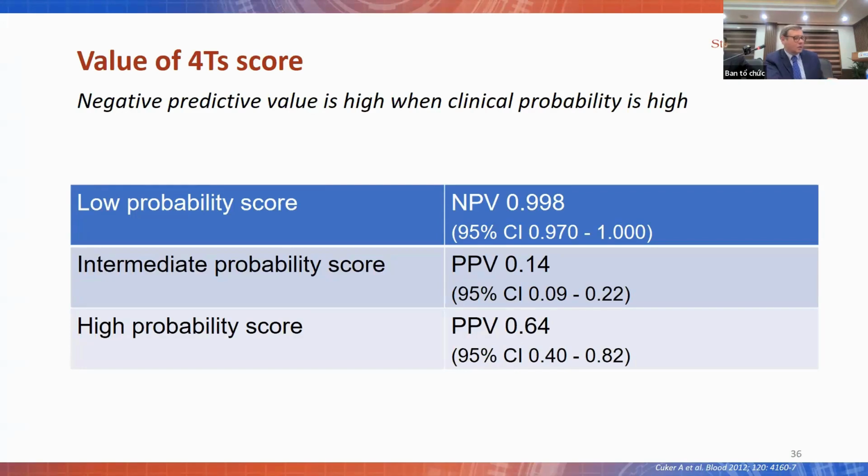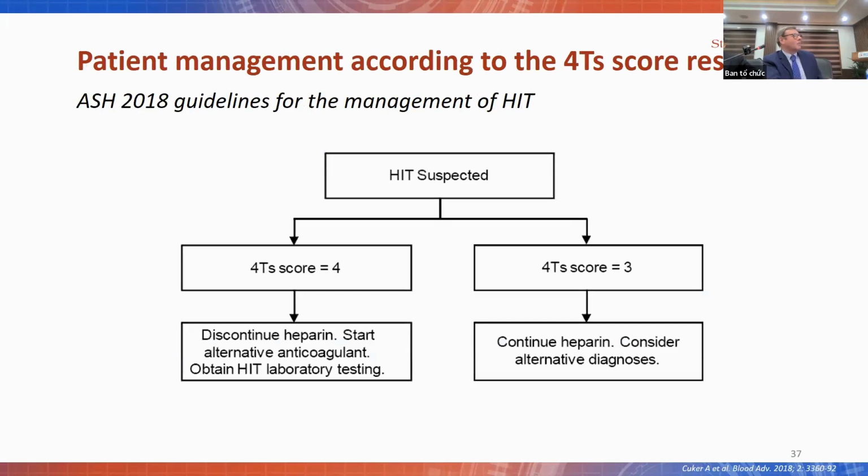So this leads to this diagnosis chart, which is: if you suspect HIT in a patient, you perform the 4T score. And if the score is 3 or below, then you continue heparin, and you have to consider alternative diagnoses just because of the high negative predictive value that we have described earlier. But if the 4T score is above or equal to 4, then you have to discontinue heparin. This is something very important.